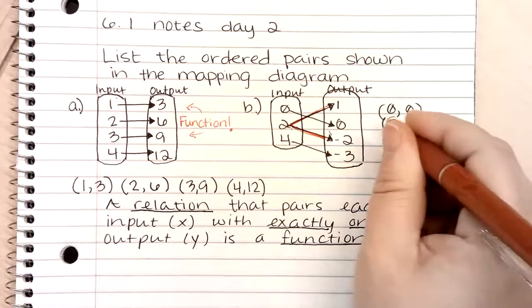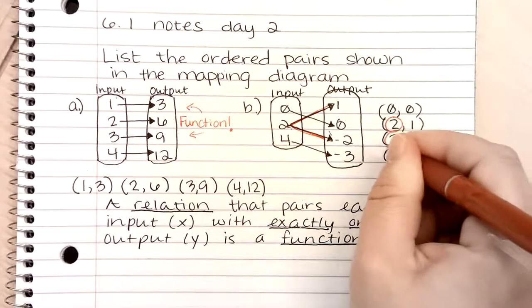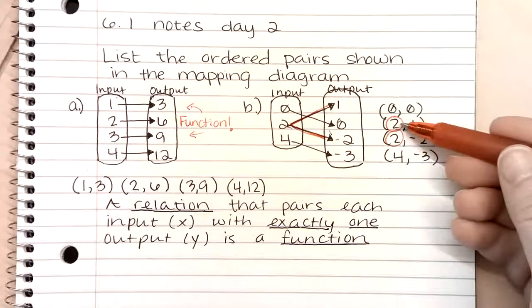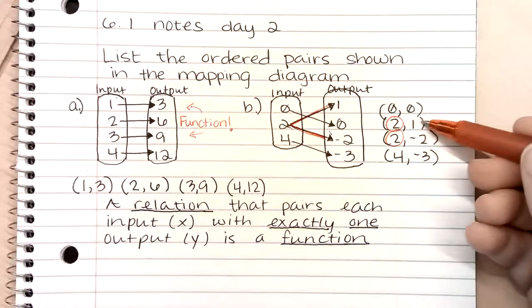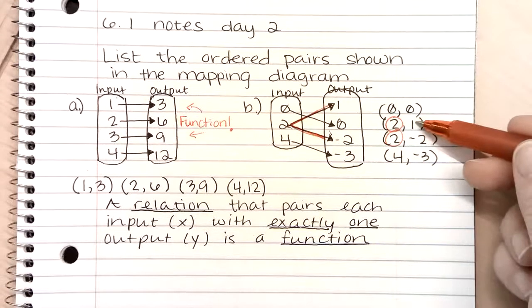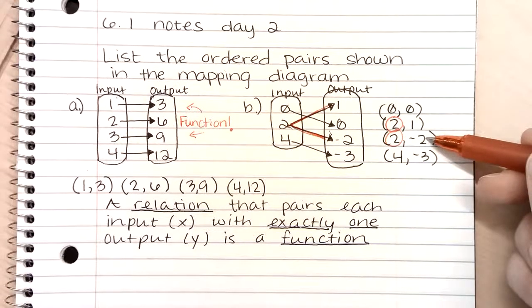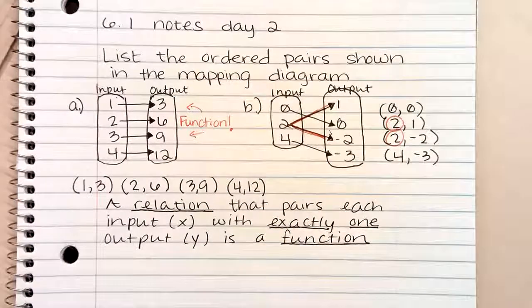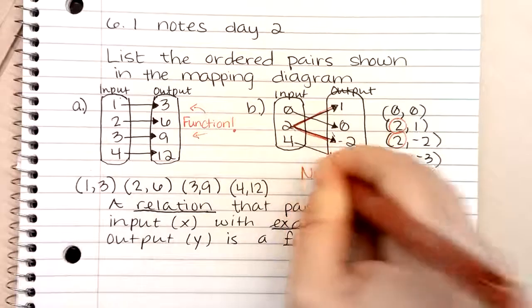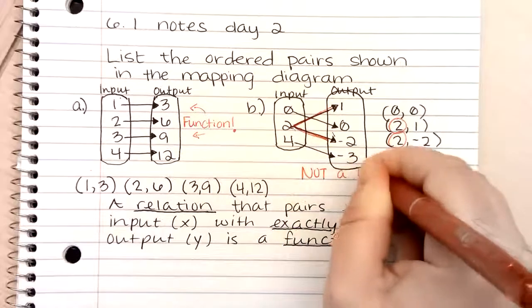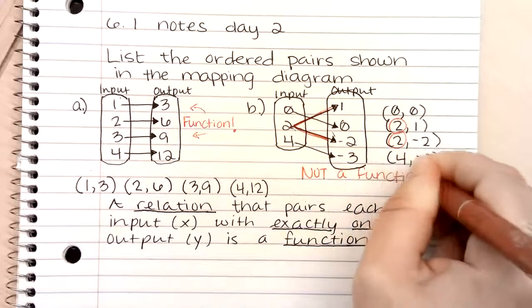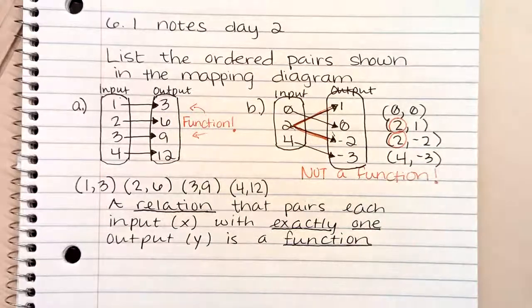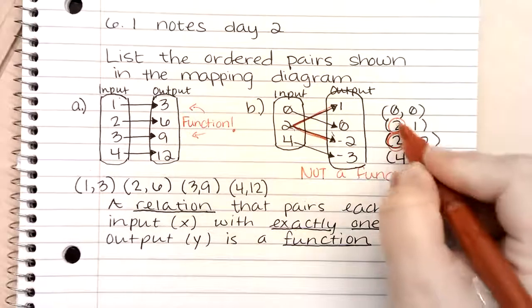Notice that I have 2 x values here, which means this input of 2 has more than one output. It has an output of 1 and an output of negative 2. So this is not a function. It's a relation, but it is not a function because of the 2 repeating x values.